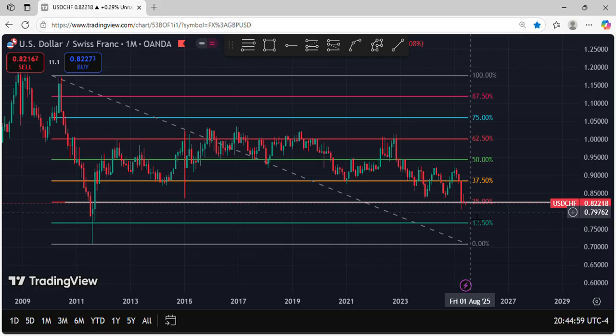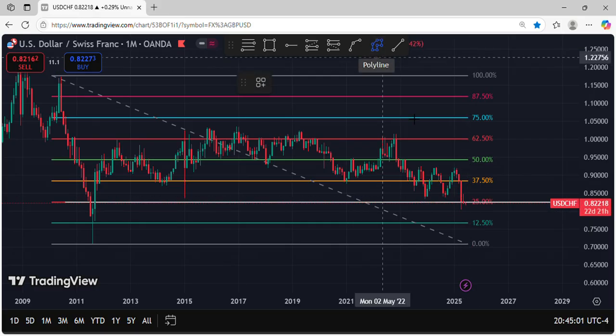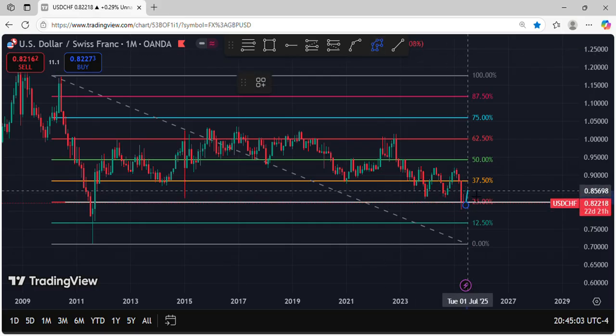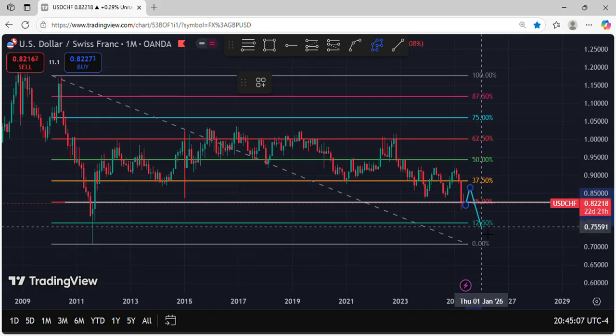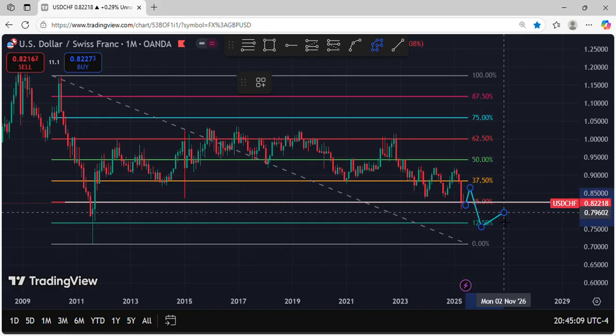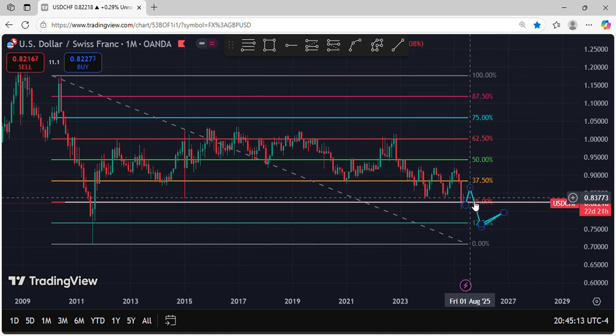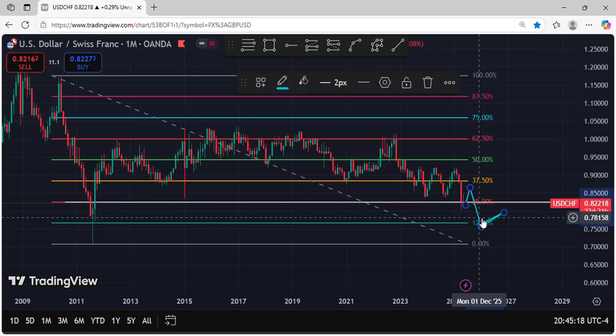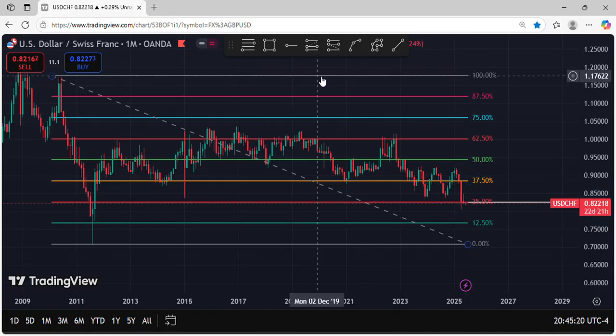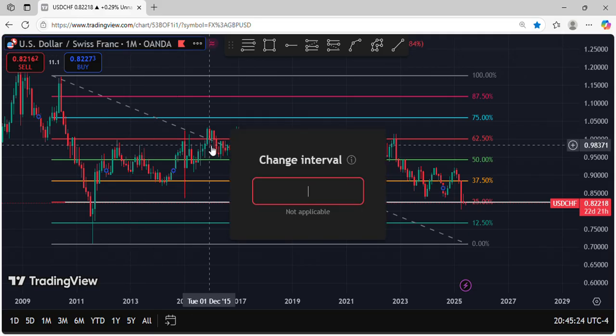So the idea is that from here we move into this fair value gap, and then we dump, taking out those who have been bullish, right? So this is the long-term idea.